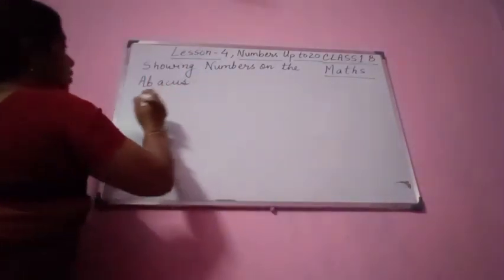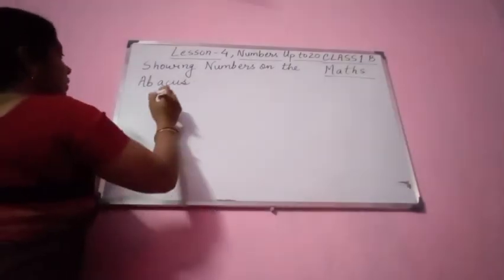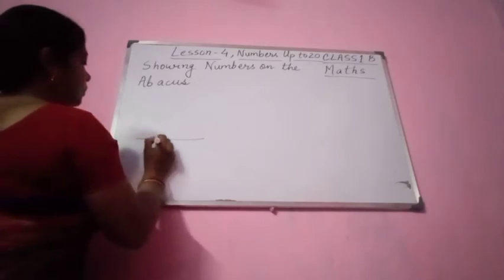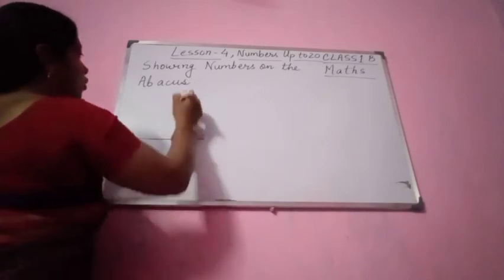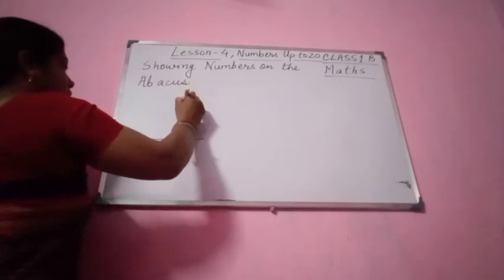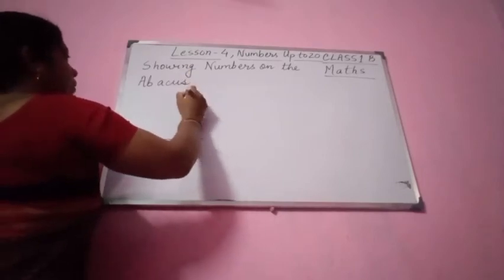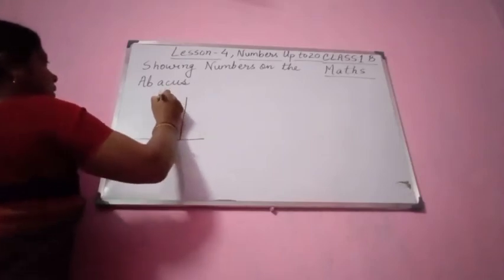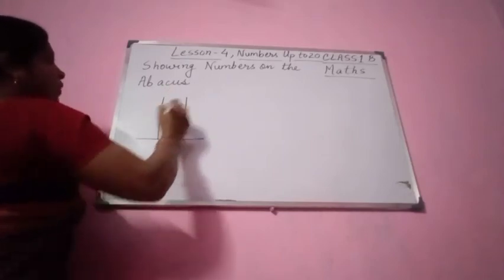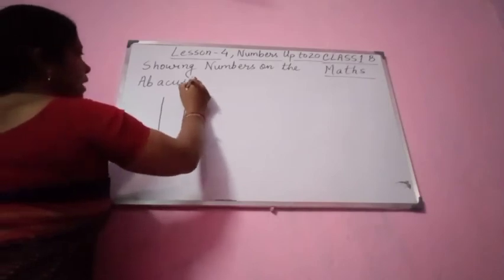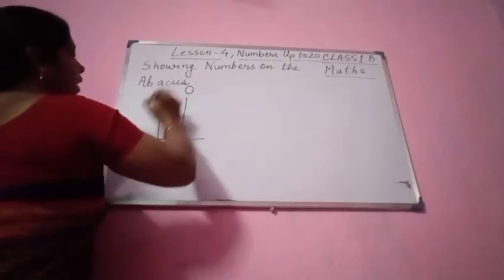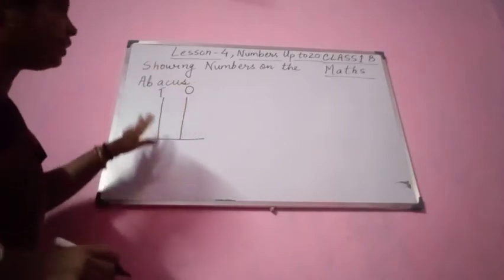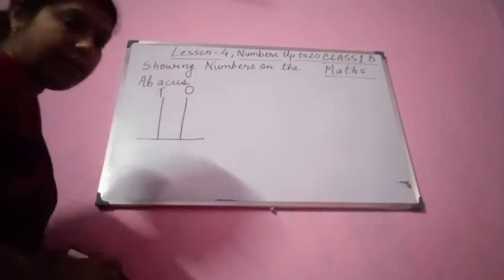Let us start. I will be drawing two rods here, one and the next one. The first rod, or first spike, I will write as ones, and this one I will write as tens. Now it is clear to you, this is ones and this is tens.